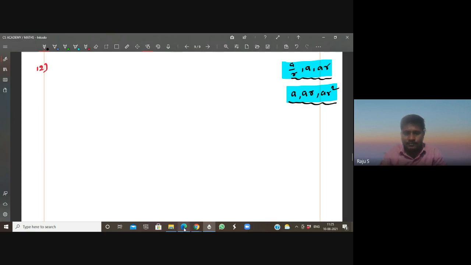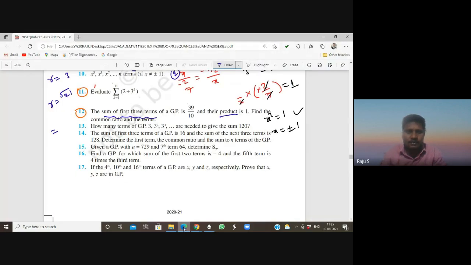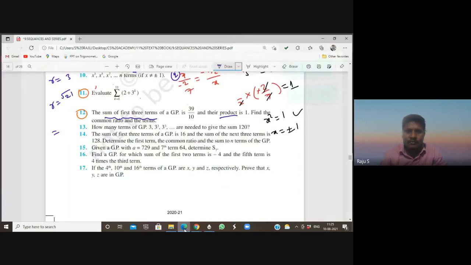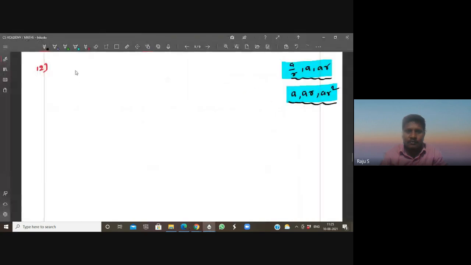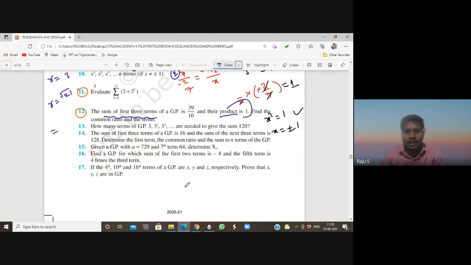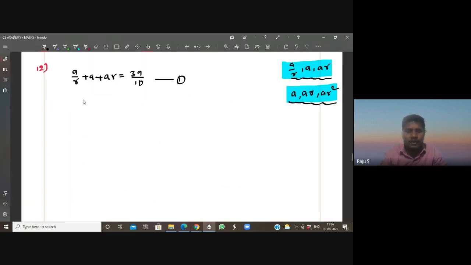Let's see here. What they gave: the sum of first three terms of the GP is 39/10. A by R plus A plus A R is equal to 39/10. Let us take this as equation 1. And next, the product is 1. The product of the first three: A by R into A into A R is equal to 1.